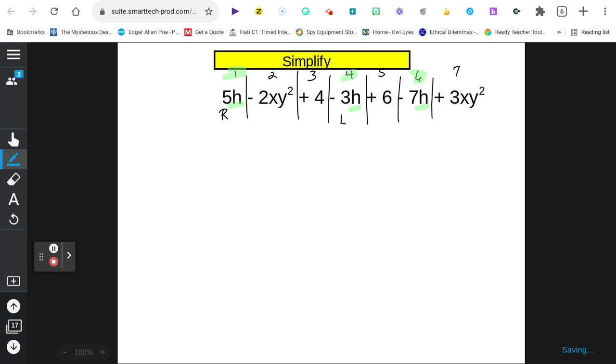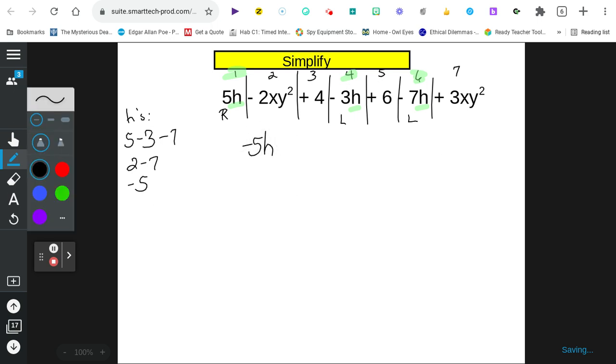And then the coefficient here is -7, which also goes left. So I have 5 minus 3 minus 7 for the H's. Basically, that's 2 minus 7, which is -5. So it's -5, and put your H back.